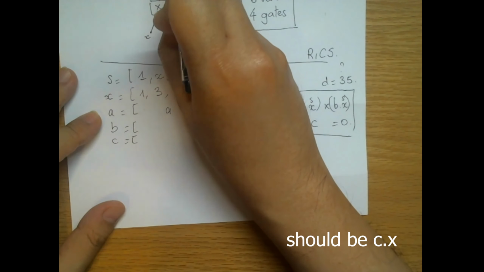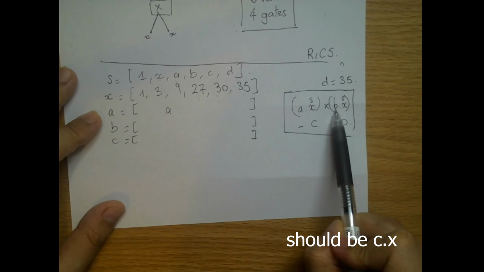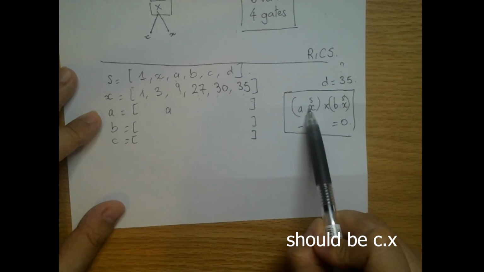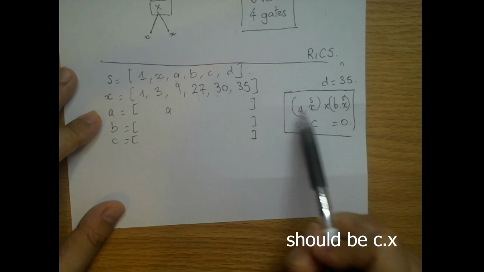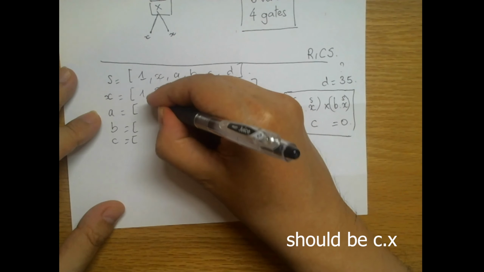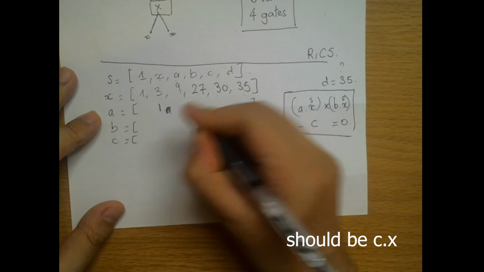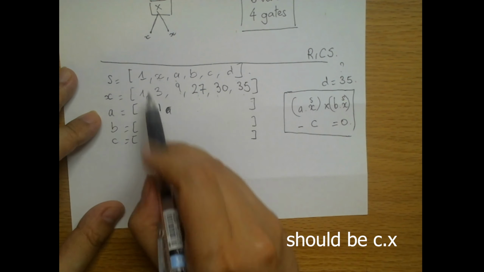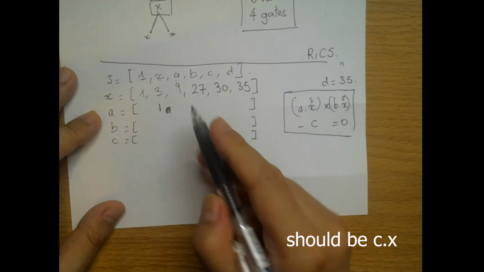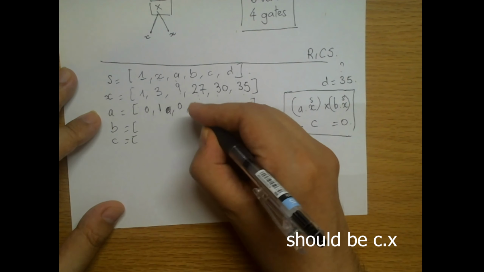I want A and B to only pick up the term X, because it's X and X. To do that, I put a 1 in front of the X, and then I don't need any of the other entries, so I put 0, 0, 0, 0, 0.